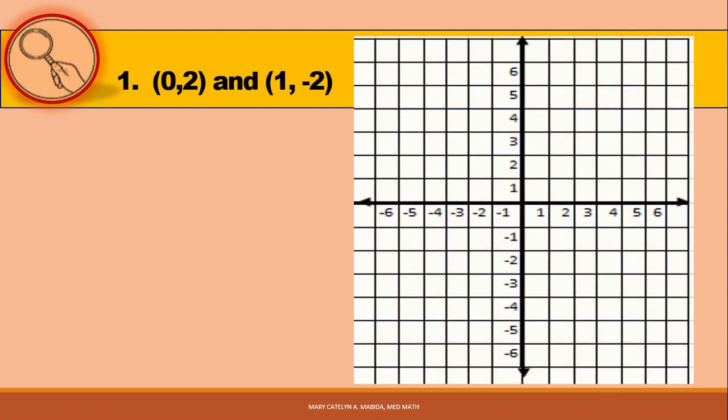Now, since this is an activity that you are supposed to answer, I will show you how to answer number 1. Then you do the number 2 and the number 3. Number 1 here, we are given 2 points, (0, 2) and (1, -2). Let us plot the points and connect them.